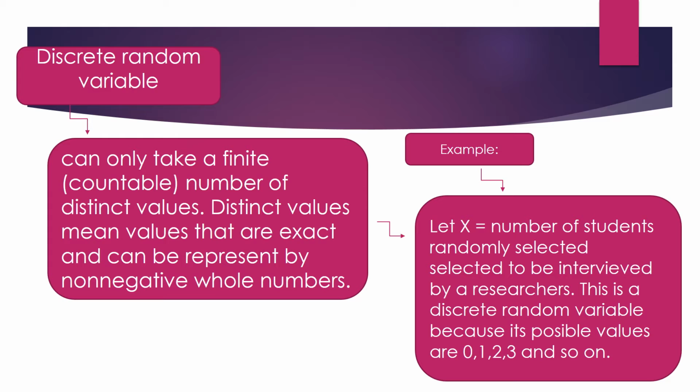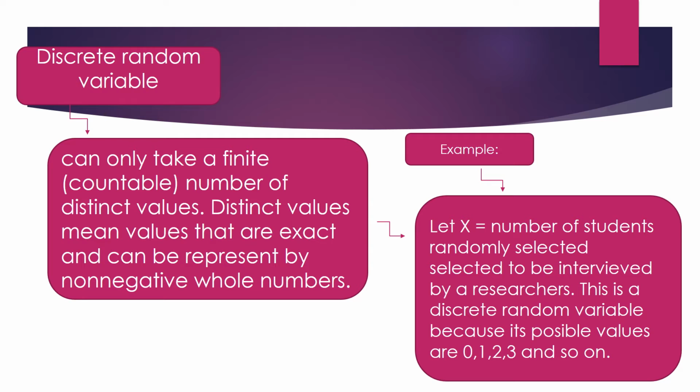And the last statement: let Z be the number of defective light bulbs among the randomly selected light bulbs in a particular area. That statement is a discrete random variable because the number of defective light bulbs can be assumed as 0, 1, 2, and 3, and so on.